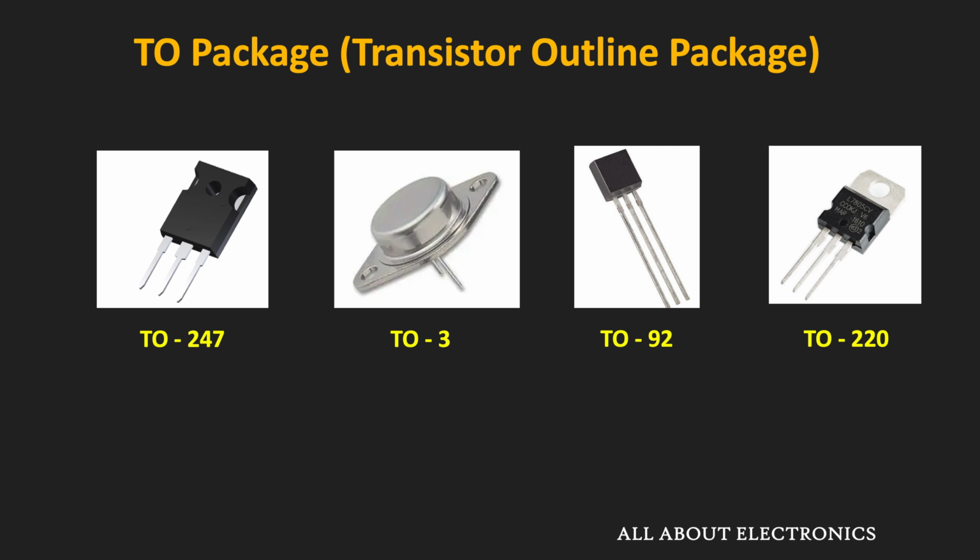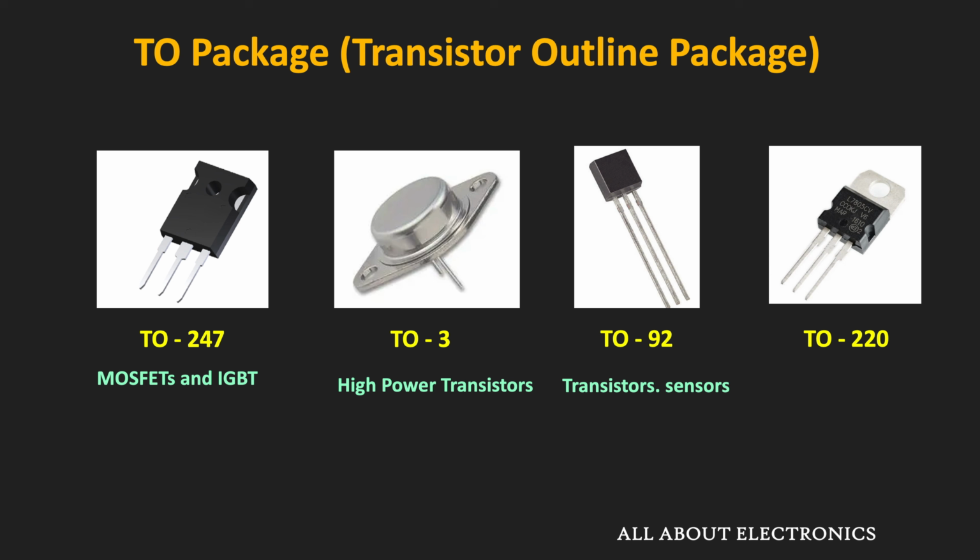For example, this TO247 is meant for high power MOSFETs and IGBTs. Likewise, this TO3 is a metal can package, and it is mainly used for very high power transistors. Similarly, this TO92 is a 3-pin package, and it is mainly used for low power transistors, sensors as well as regulators.